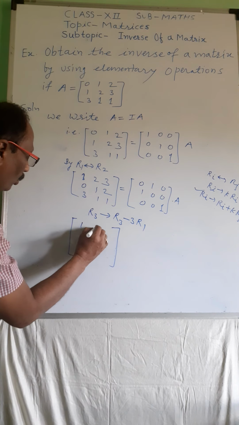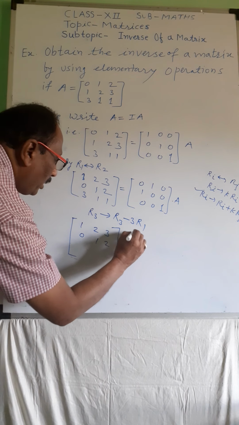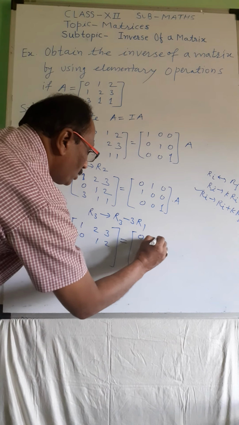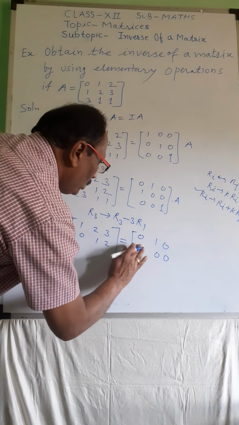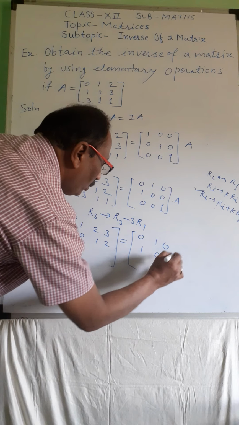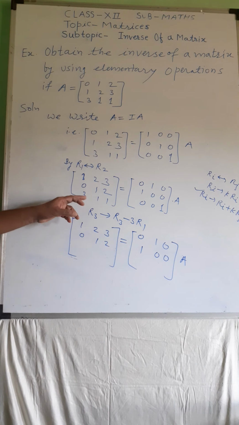I write the first row as it is, the second row as it is. Here also I write the first row, the second row as 1, 0, 0 and A. Now we have to find the elements of the third row. Here 3, 1, 1 is there.